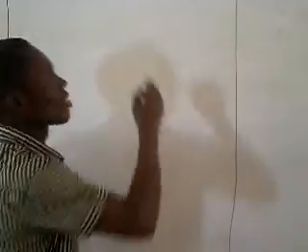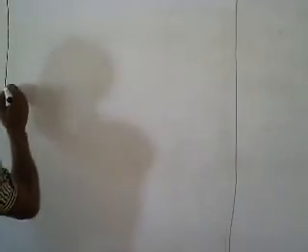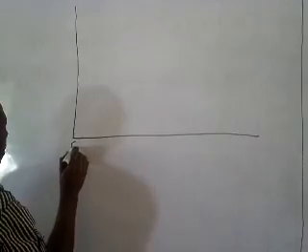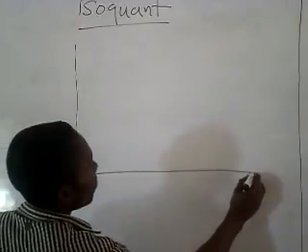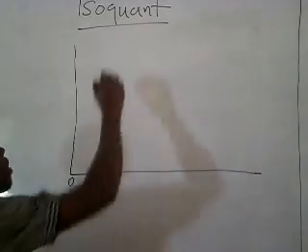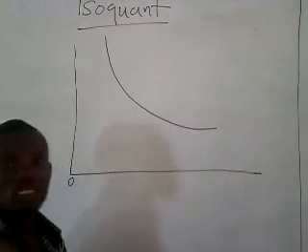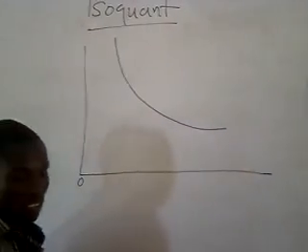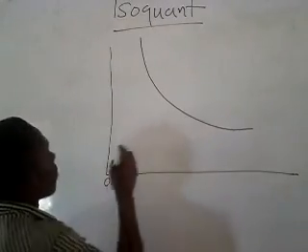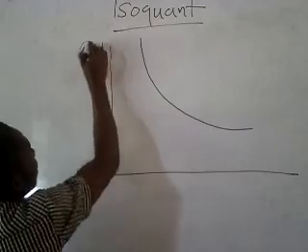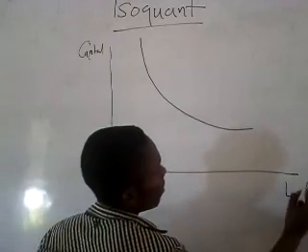So we are going to look at how an isoquant curve looks like. An isoquant curve is convex to the origin. So we are going to combine capital and labor.